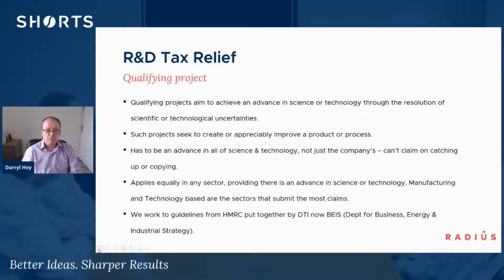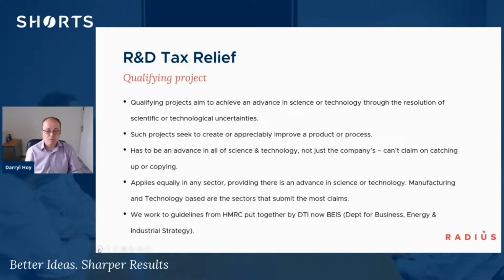Qualifying projects, for technology companies but for all sectors, have to achieve or try to achieve an advance in science or technology through resolving scientific or technological uncertainties. They have to seek to create or appreciably improve a product. And there has to be an advance in the whole field of science and technology, not just for the company.